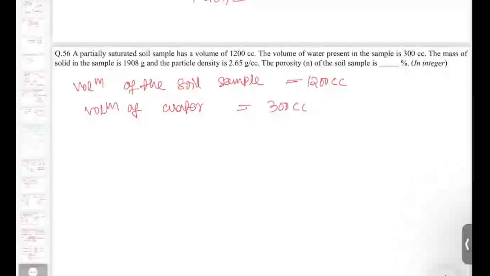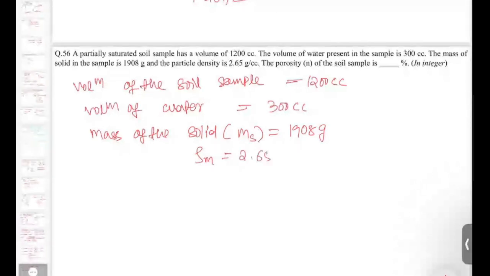Okay, and the next thing given is the mass of the solid in the sample, let me write as Ms. It should be 1908 gram. And one density, that is the particle density or the matrix density, you can take it as your rho m as 2.65. So it is asked to calculate what is the porosity.